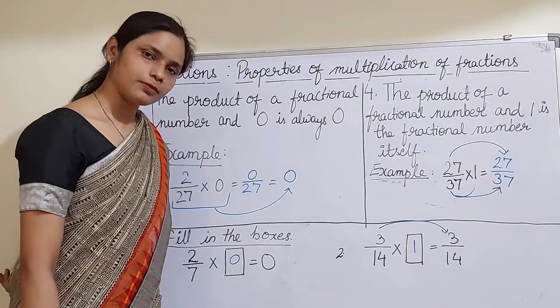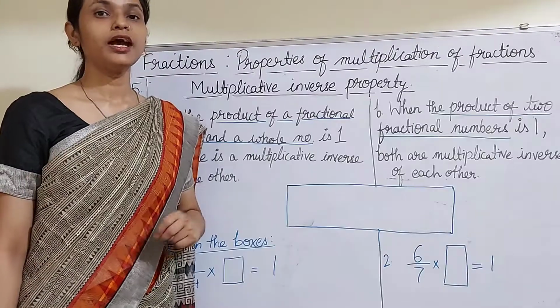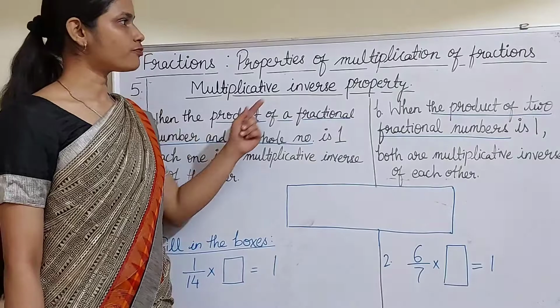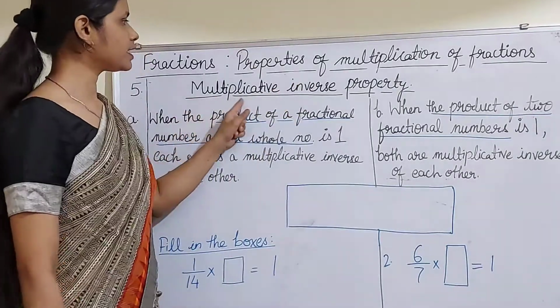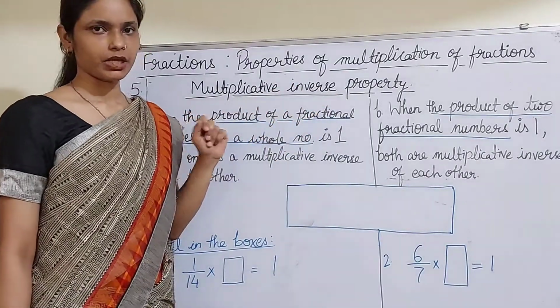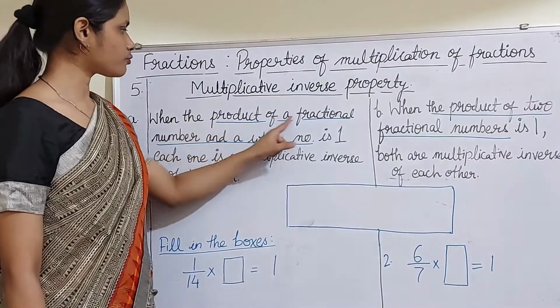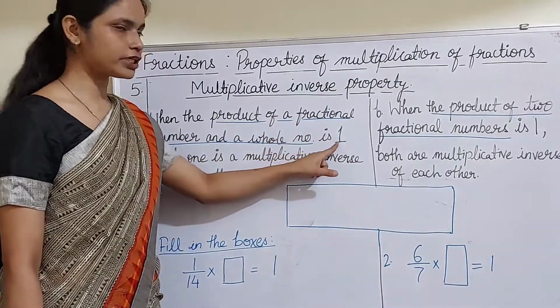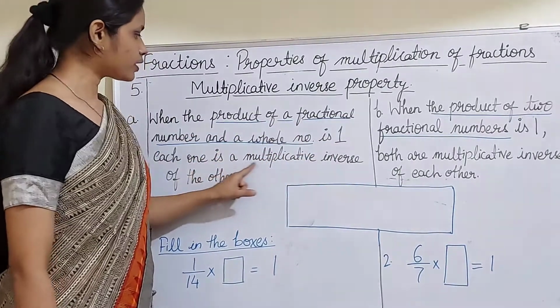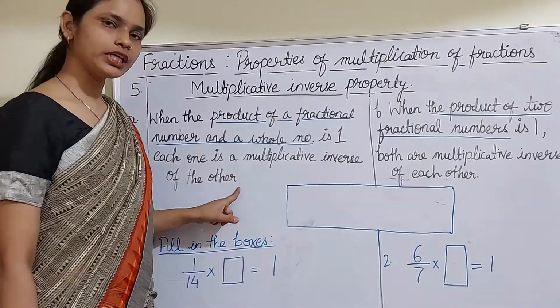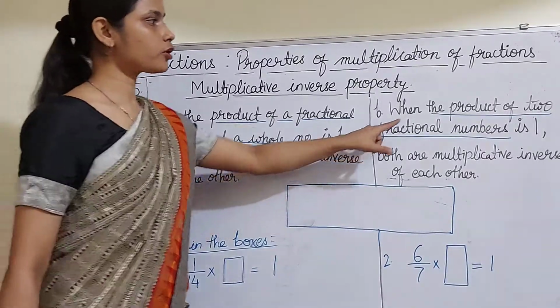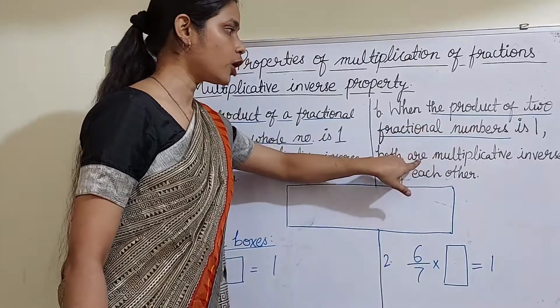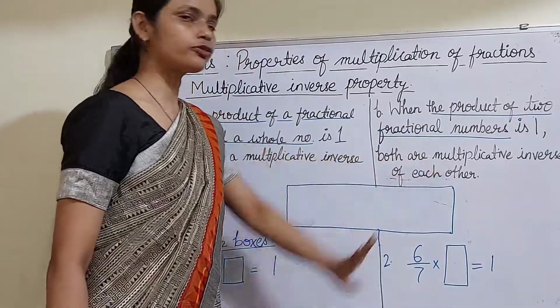Now let us understand one more property. So the next property of multiplication of fractions is multiplicative inverse property. Now that says when the product of a fraction number and whole number is 1, each one is a multiplicative inverse of the other. And when the product of two fractional numbers is 1, both are multiplicative inverse of each other.